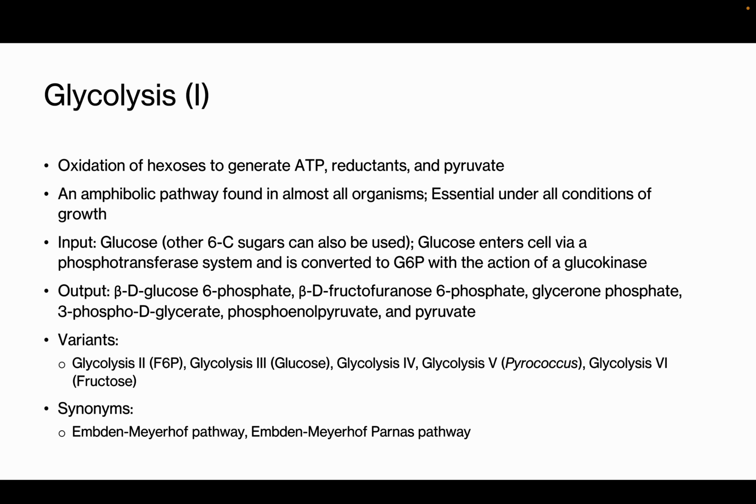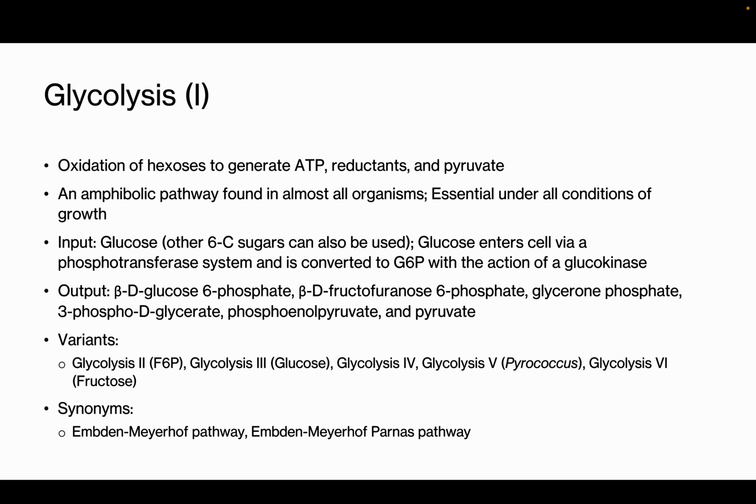So glycolysis, as I mentioned, has multiple variants depending on the enzymes that are utilized in particular steps. Glycolysis 2 makes use of F6P as its primary substrate. Glycolysis 3 makes use of glucose as a primary substrate.